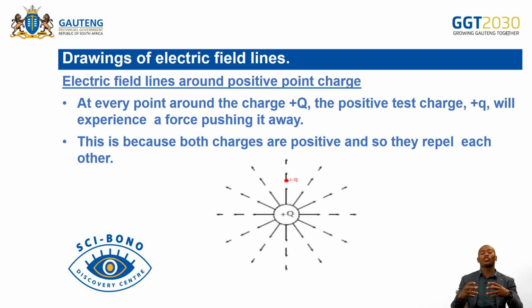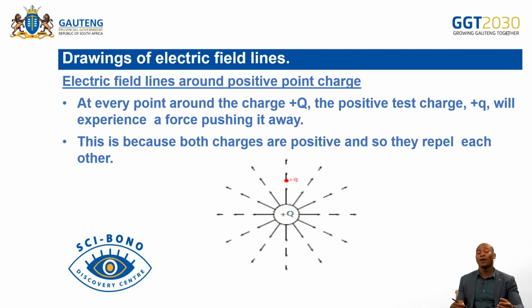And make sure that the lines are drawn perpendicular to the surface of the charge. You can see here the lines are drawn perpendicular to the surface of the charge. This is how we have to draw the electric field lines around that charged sphere.